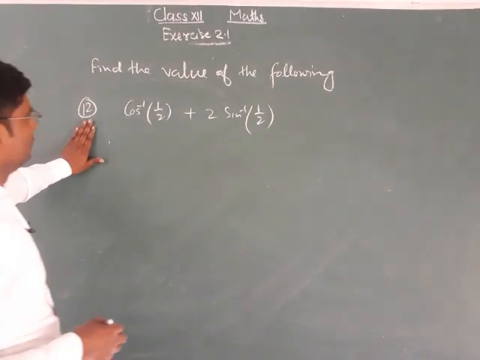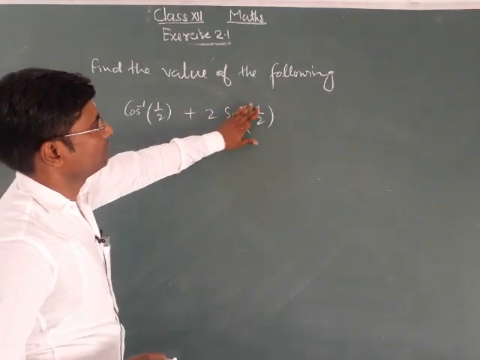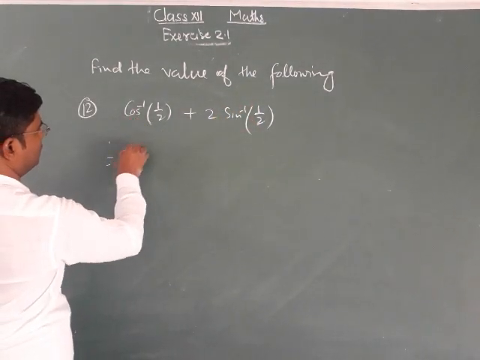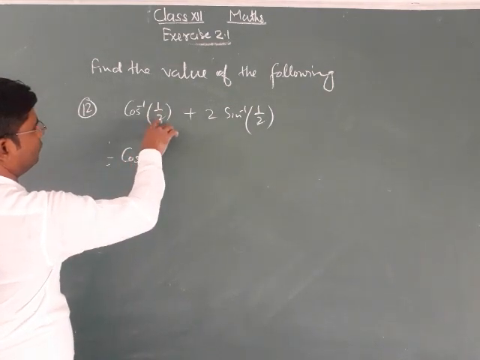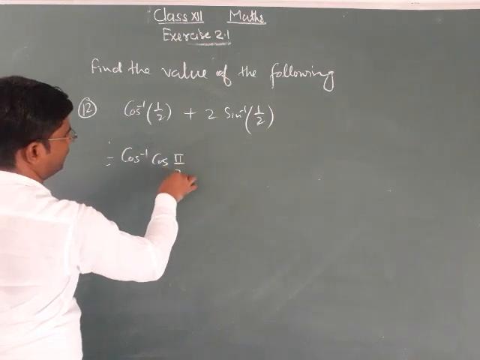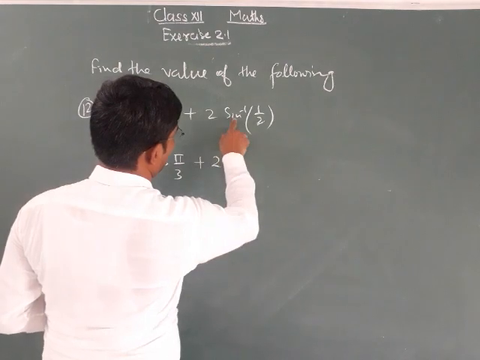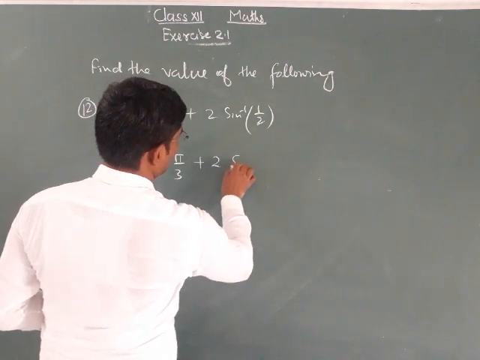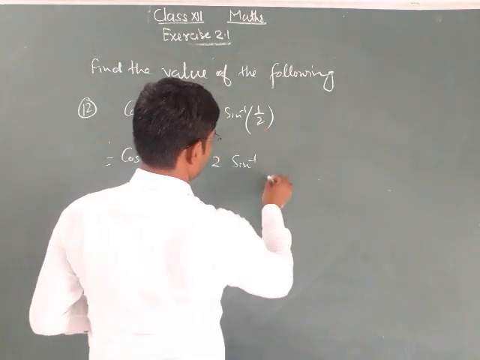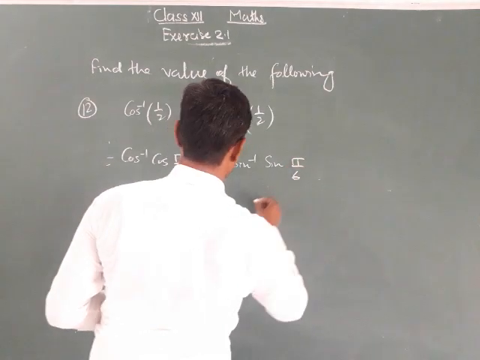Question number 12. Cos inverse 1 by 2 plus 2 sin inverse 1 by 2. Solution of this question: cos inverse 1 by 2 is pi by 3, plus 2 sin inverse 1 by 2, sin pi by 6.